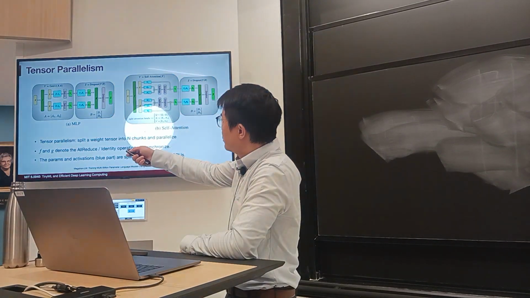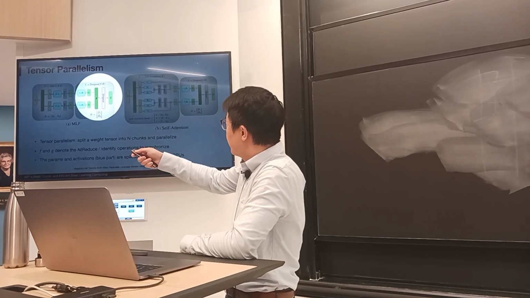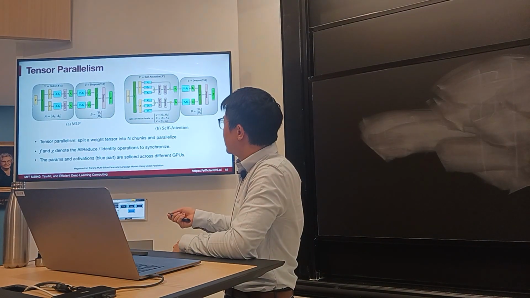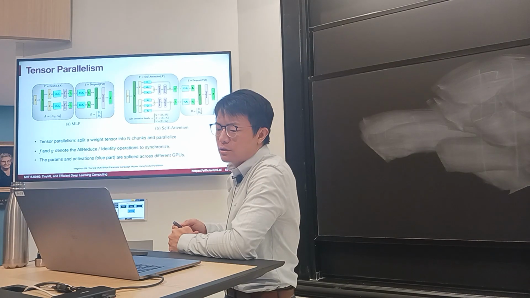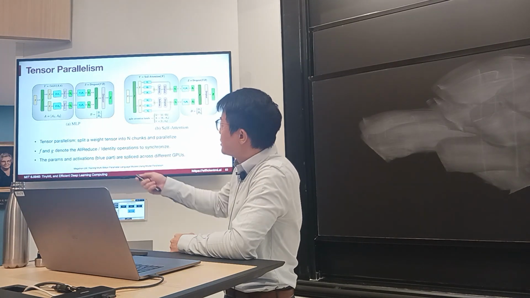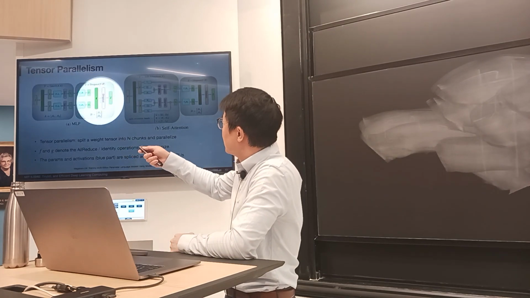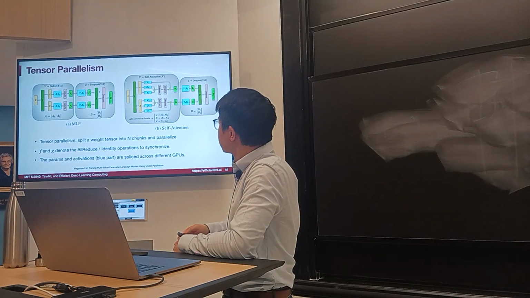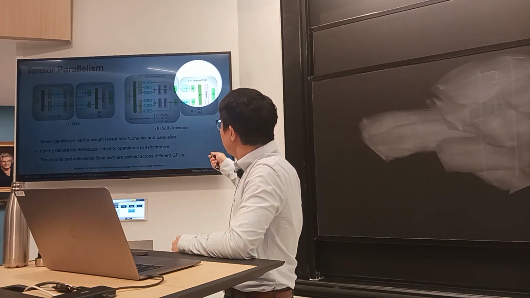So we only need to communicate in F and G, at the start and the end, which denote the all-reduce and synchronization operations. One is a scatter, and one is an all-reduce operation. Similarly, communication only happens at the beginning and at the end.